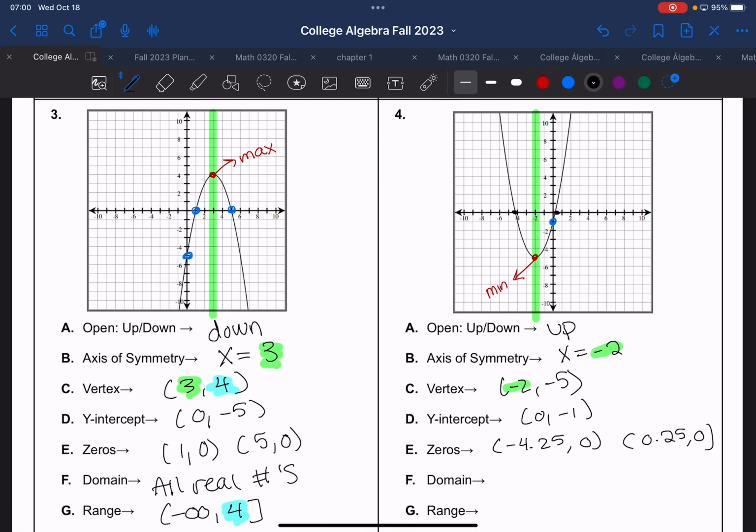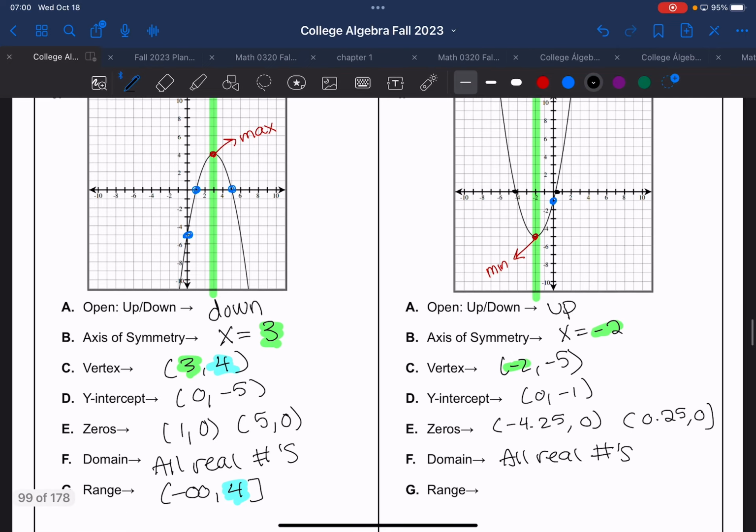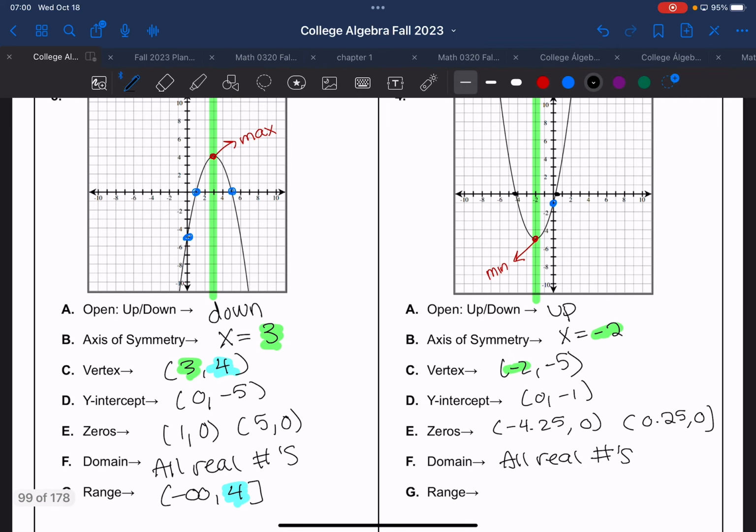What's the domain of this function? All real numbers. And then lastly, what is the range?